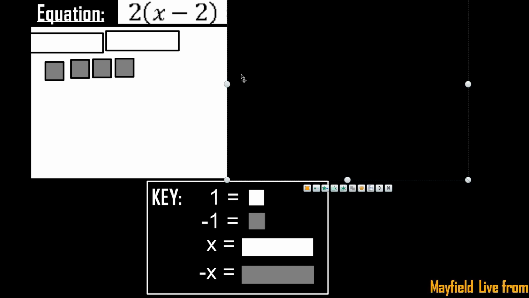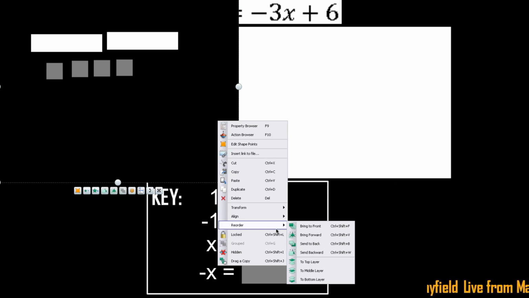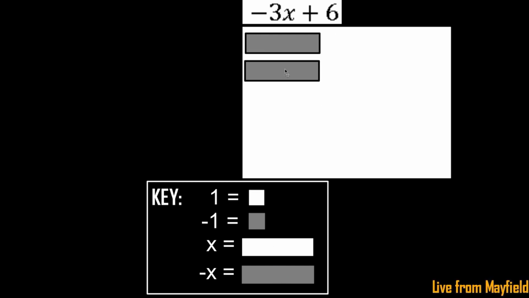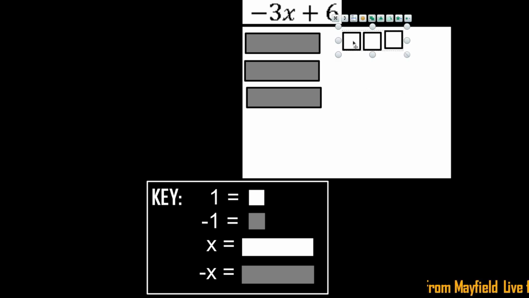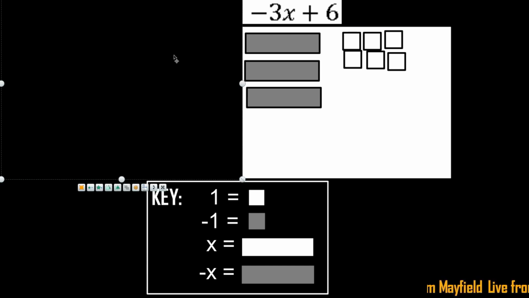Alright, so now on the right side of the equation, I'll bring this forward. On the right side of the equal sign, we have what? We have 3 negative x's, so 1, 2, 3, and then we have 6 positive 1's. Alright, so where are we at?